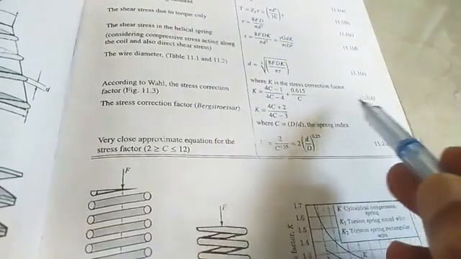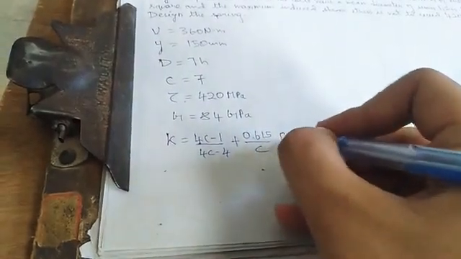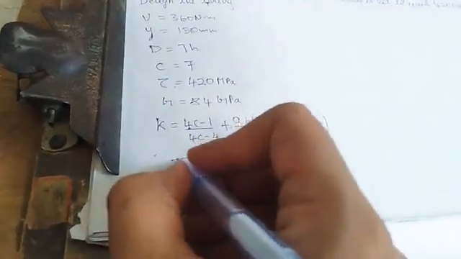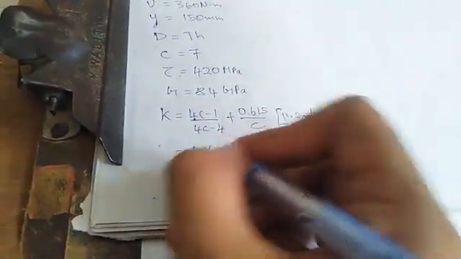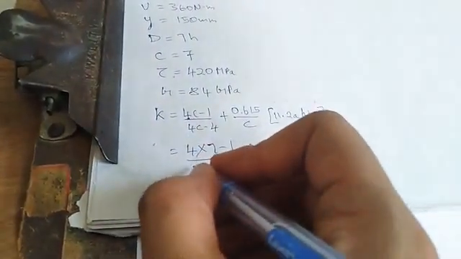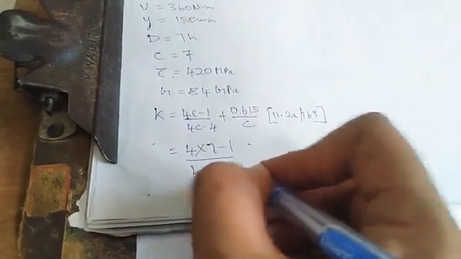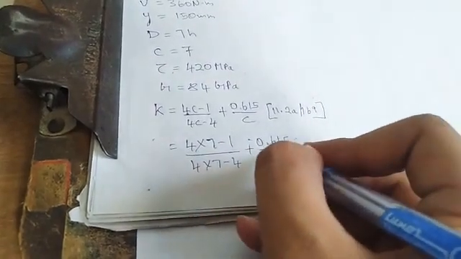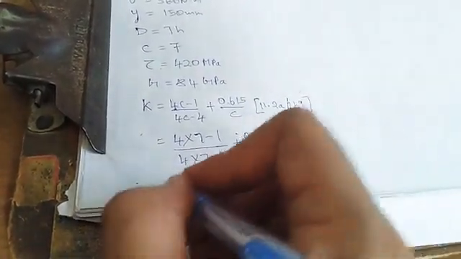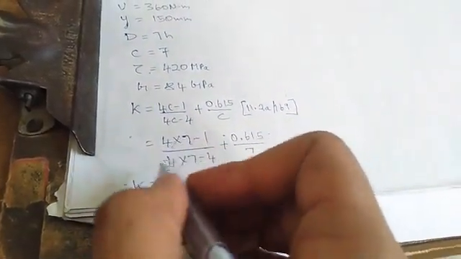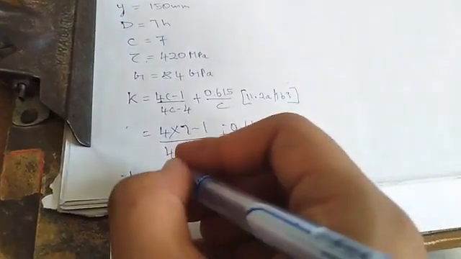The value of C is 7. The value of K we will get by solving this equation is 1.213.